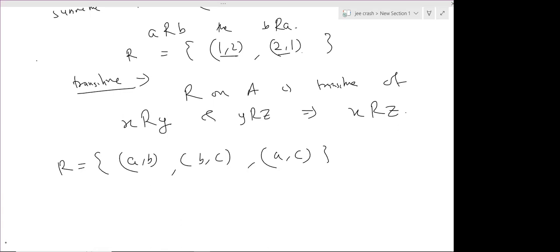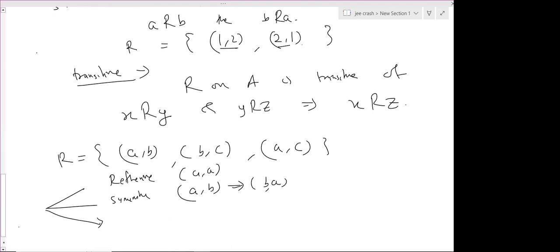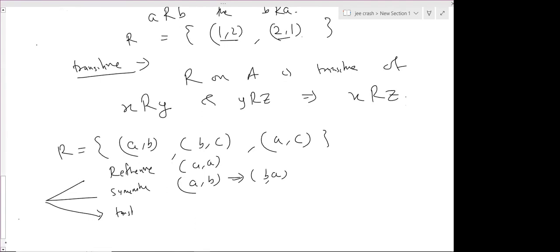Alright, so three types of relation we have studied. Reflexive, which is (a, a) must be there. Symmetric, if (a, b) is there implies (b, a) must be there. And transitive, which implies if (a, b) is there and (b, c) is there, then (a, c) is also there.